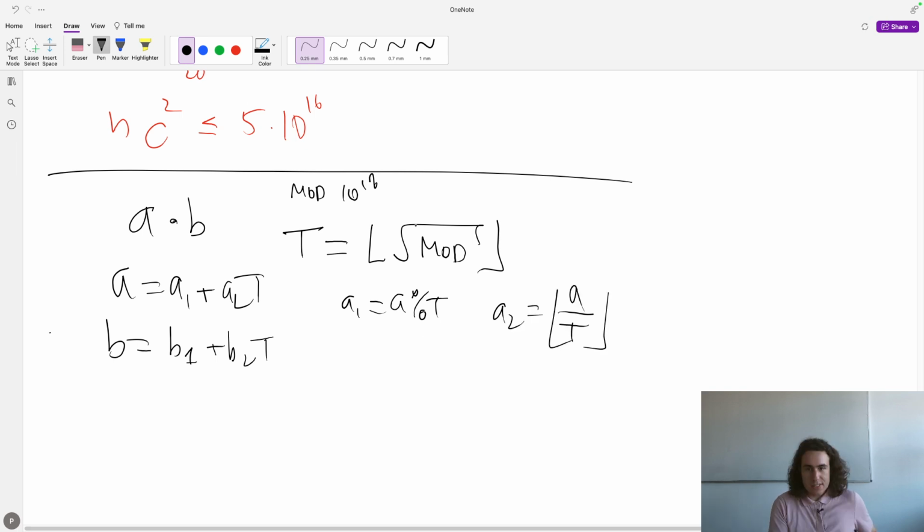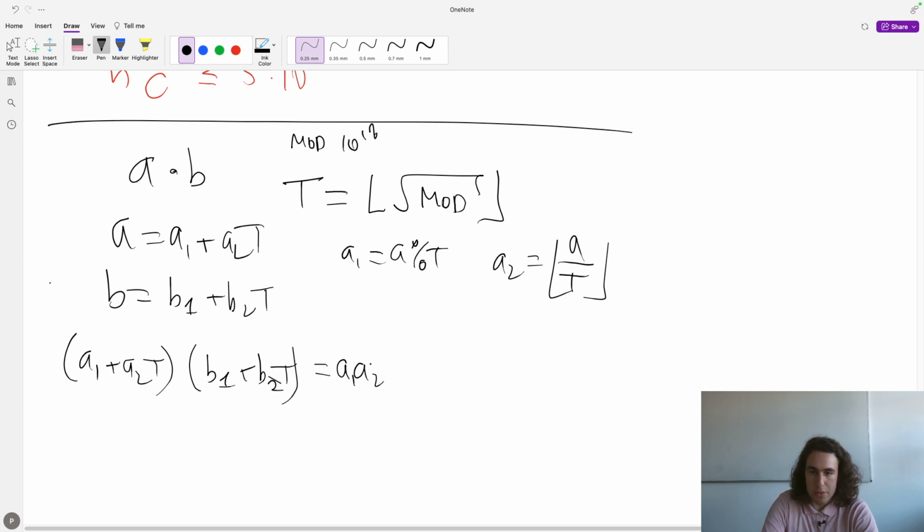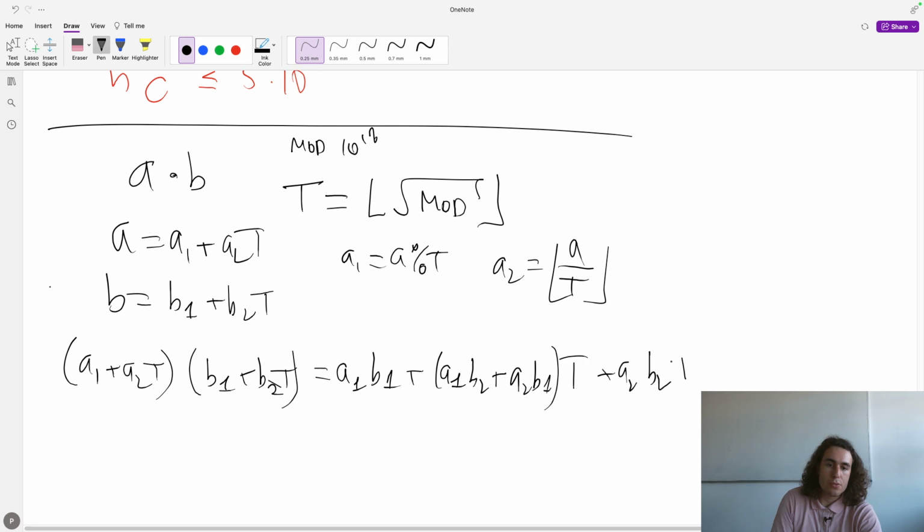Because this is square root of mod, all these values are at most square root of mod. So now all these values are small. And now we can multiply a and b using this formula, right? a1 plus a2 t times b1 plus b2 t is going to be what? a1 b1 plus a1 b2 plus a2 b1 times t plus a2 b2 t squared.